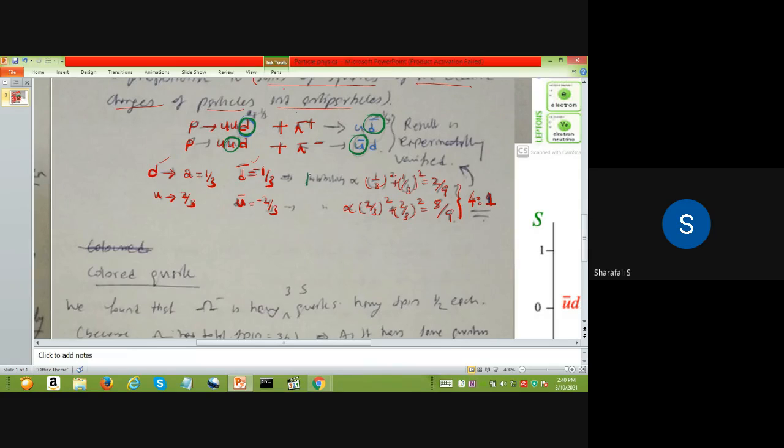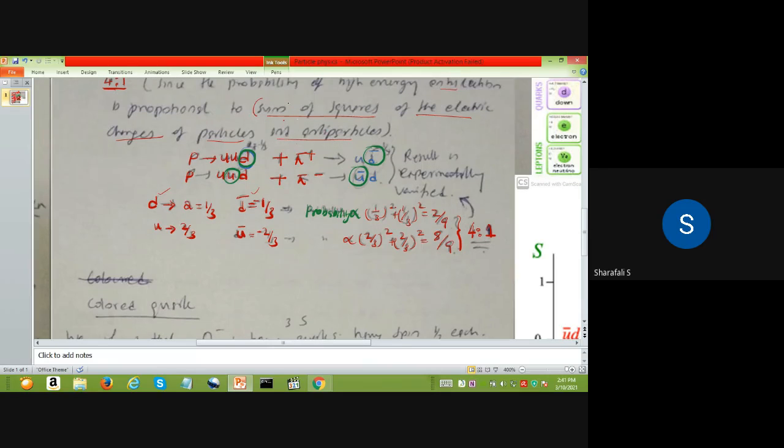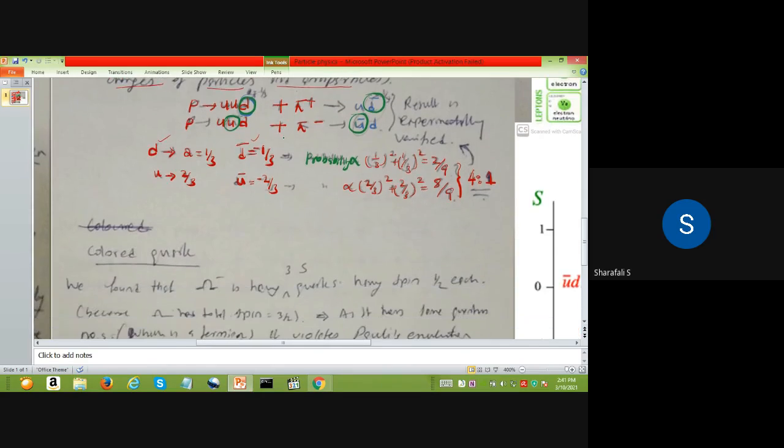So the probability is proportional to the sum of the squares of the electric charges of the particle. So that is what is happening here.